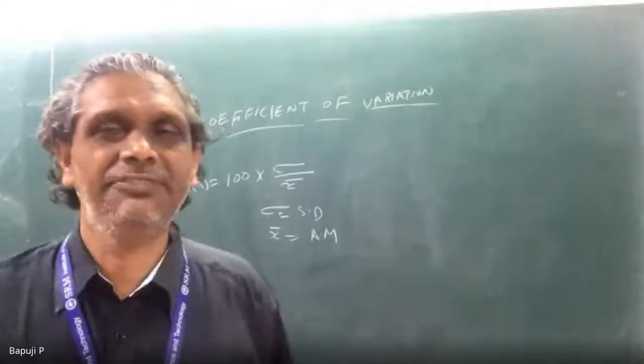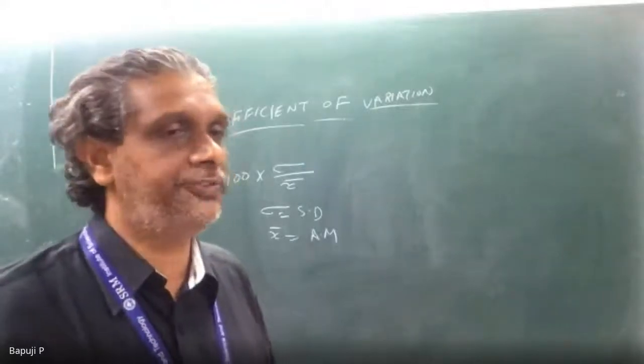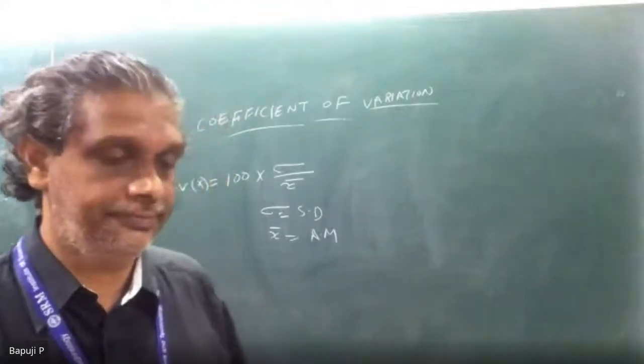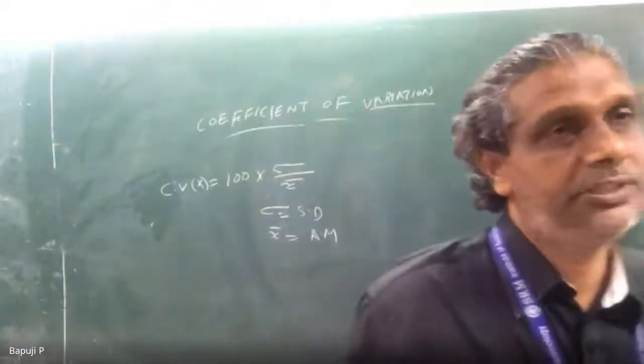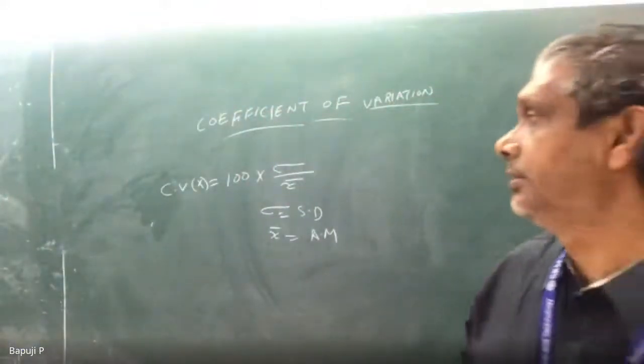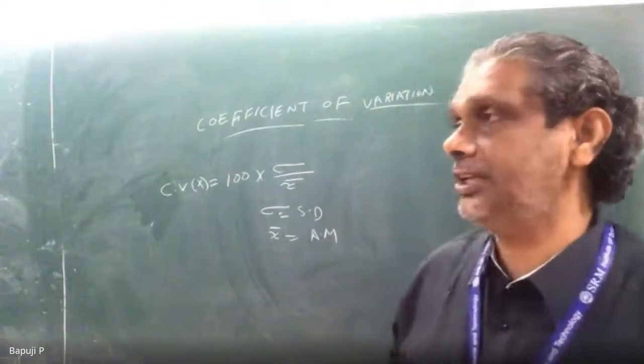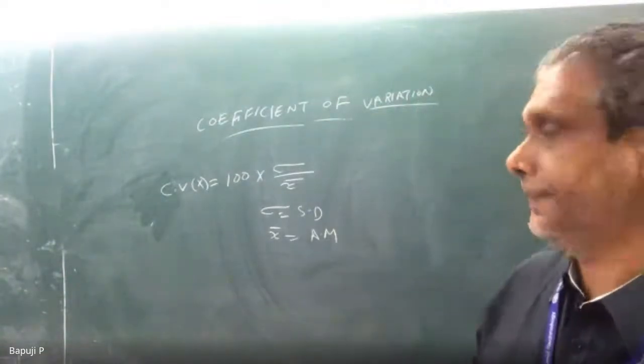CV of x means the coefficient of variation of x, and CV of y means the coefficient of variation of y.